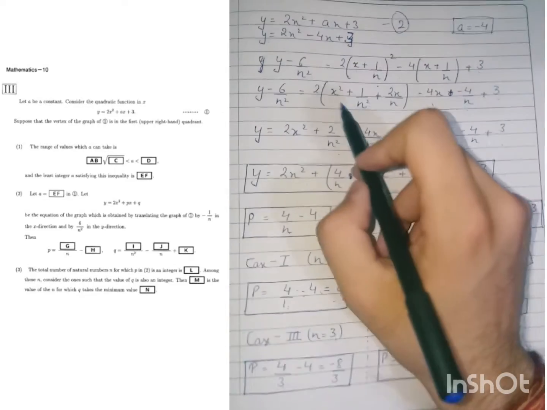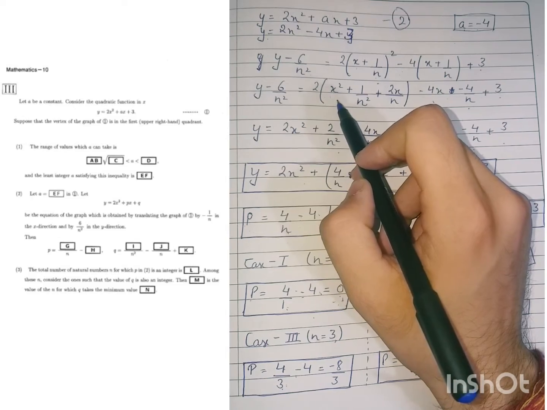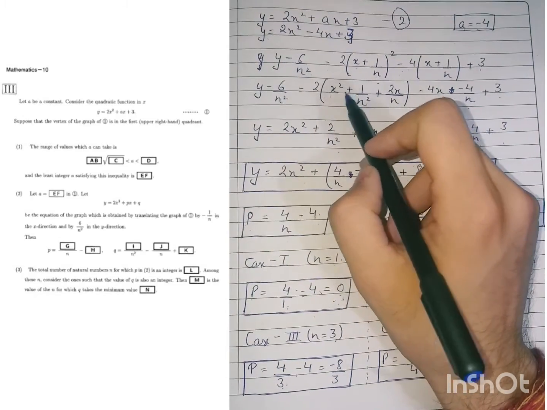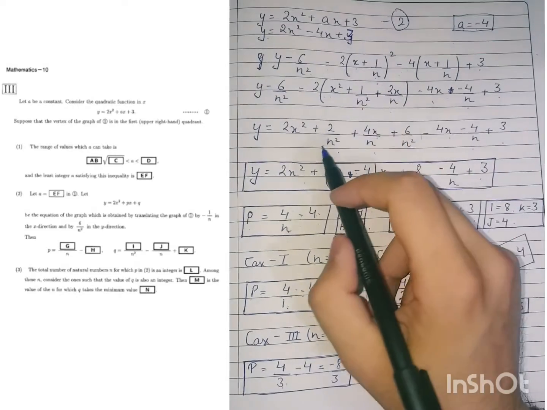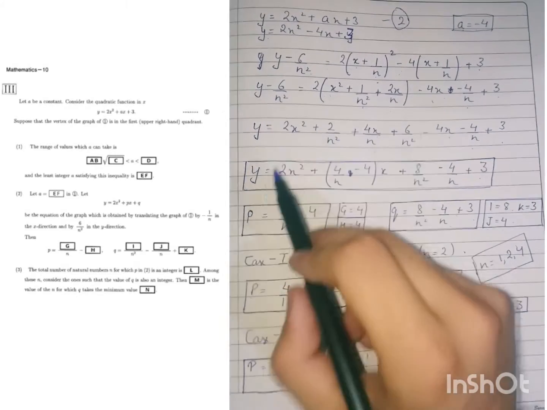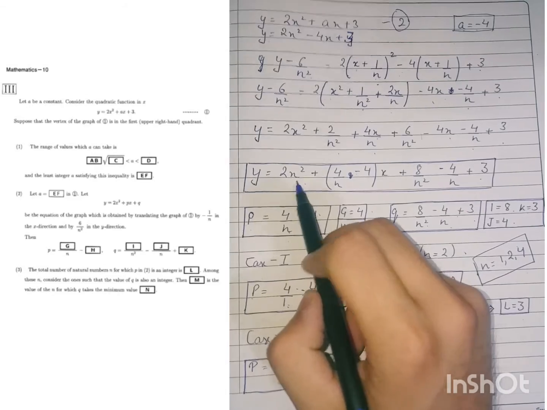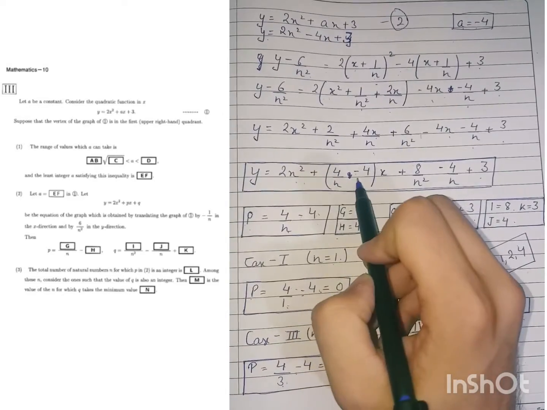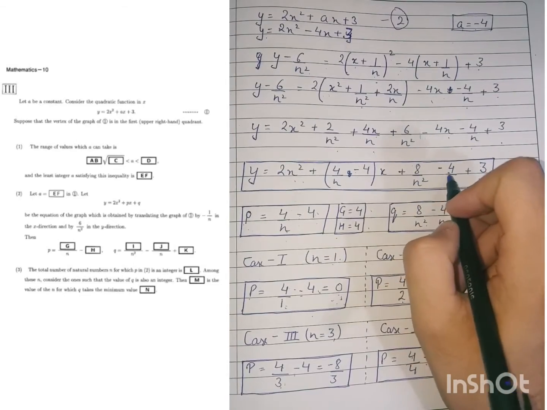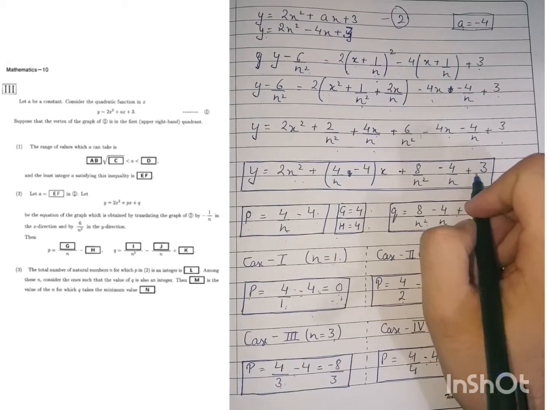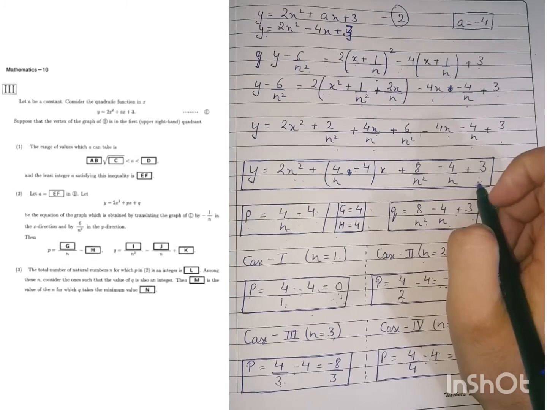So here we'll solve the square, x square plus 1 by n square plus 2x by n. Now by solving this we'll get y is equal to 2x square plus 4 upon n minus 4 x plus 8 by n square minus 8 by n plus 3. This is the equation we have got.